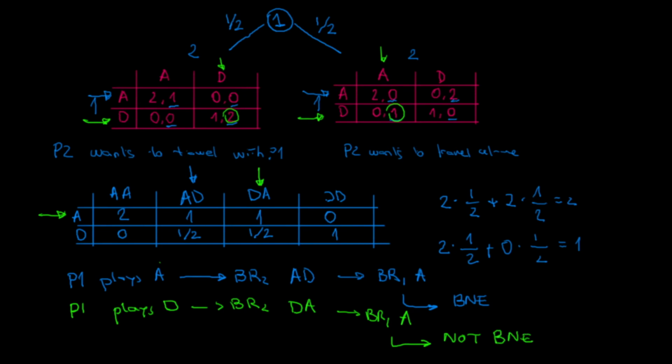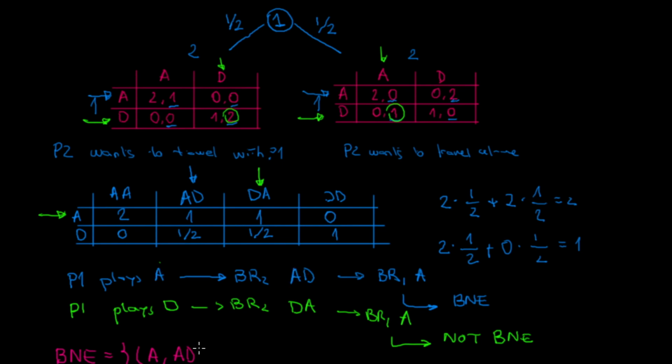So, in the end, the Bayesian Nash equilibrium is always expressed in terms of strategies. So it is going to be A for player 1 and AD for player 2.